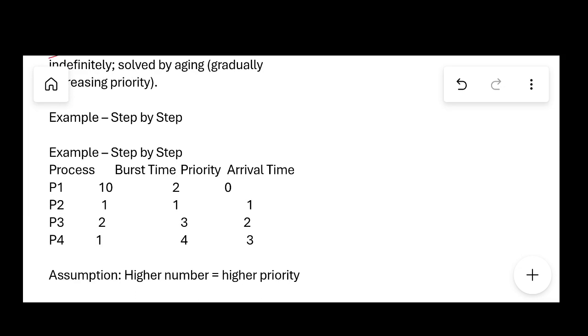Then example. Let's take a simple example. Suppose we have four processes P1, P2, P3 and P4. Their details are like this. P1: burst time 10, priority 2, arrival 0.